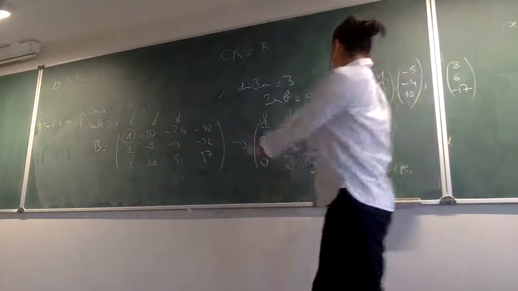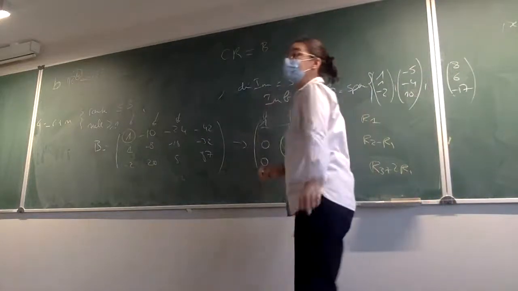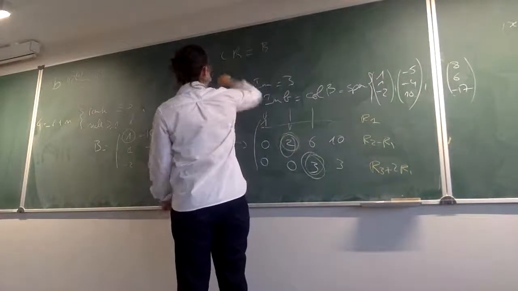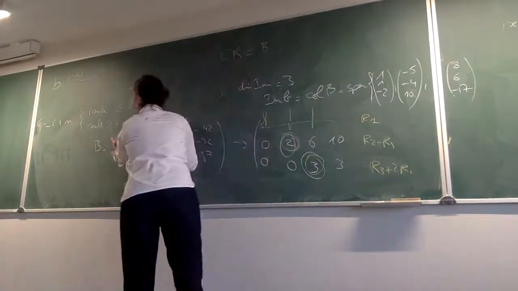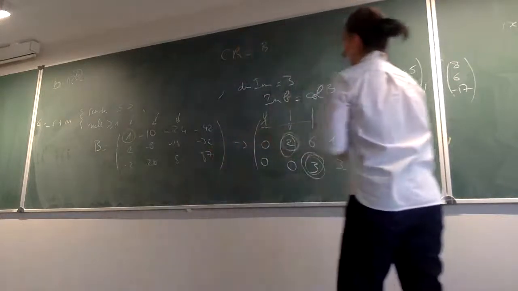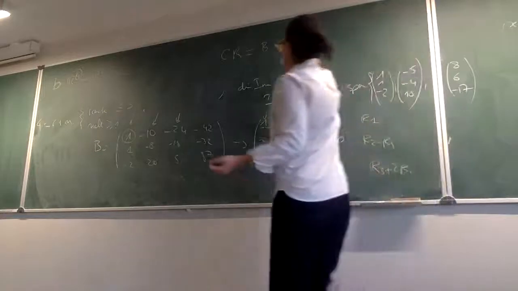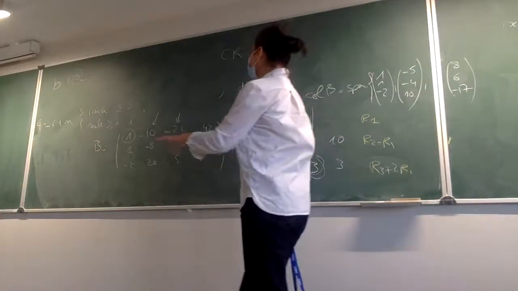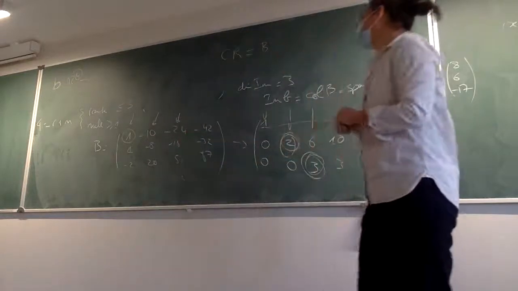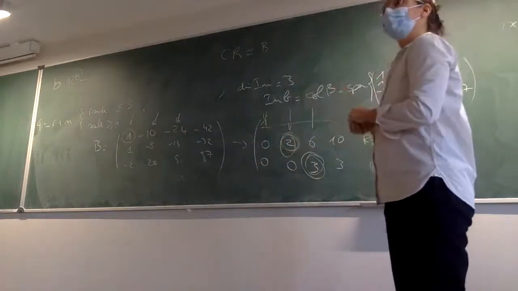That's my R matrix. The C is going to contain only those 3 vectors, and that just makes it so that you can create B out of those 3 columns. So the span of these is going to be those 3 columns.